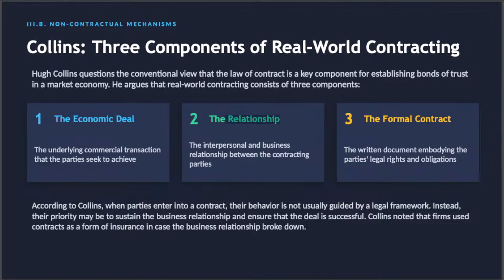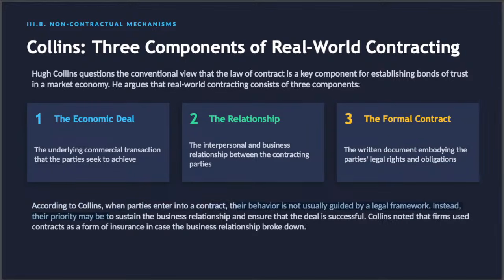Two, the relationship, the interpersonal and business relationship between the contracting parties. Again, they could be strangers. So this is a developing relationship here. And then the formal contract, the written document embodying the parties' legal rights and obligations.